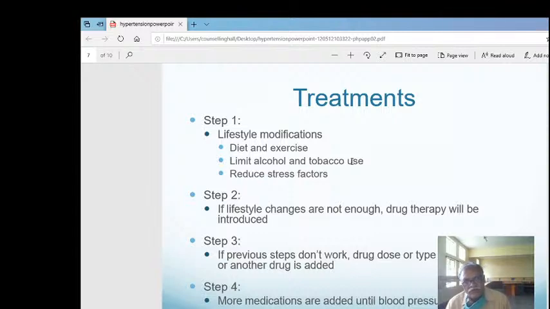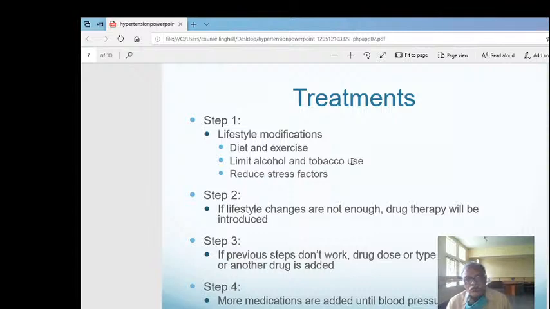Tobacco is a potent vasculotoxin which will damage the endothelial system in the vascular compartment in the arterial system as well as venous system also, which will facilitate to develop atherosclerosis, arteriosclerosis, more common with the tobacco and alcohol.